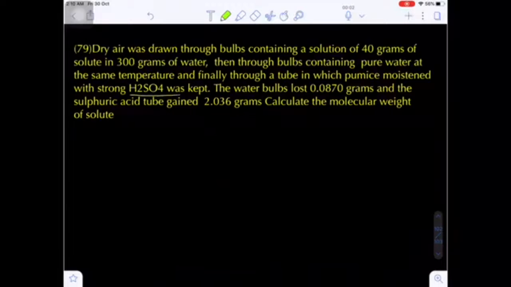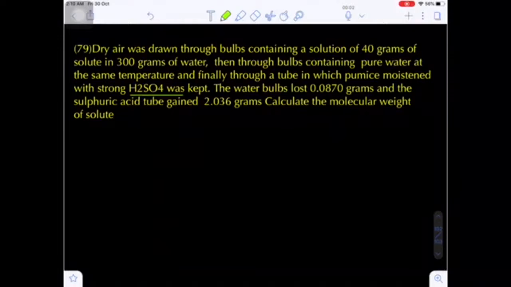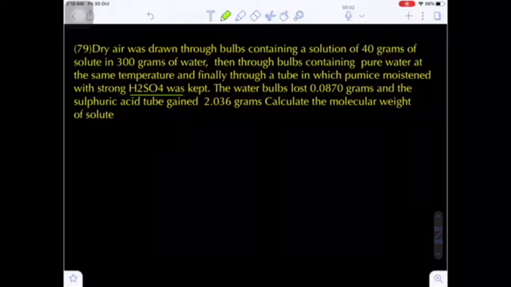Remember, concentrated sulfuric acid is a good dehydrating agent which can absorb the moisture, the water vapor. The water bulb lost 0.087 grams and the sulfuric acid tube gained 2.036 grams. Then find the molecular weight of the solute.